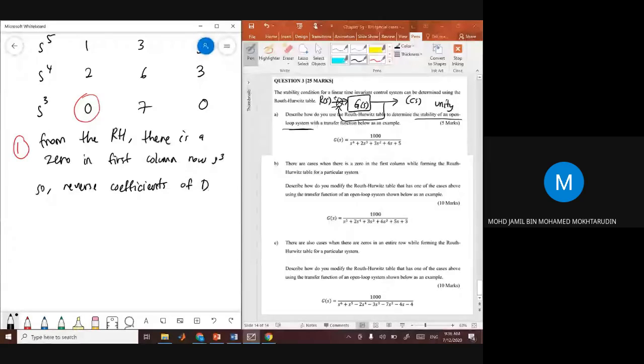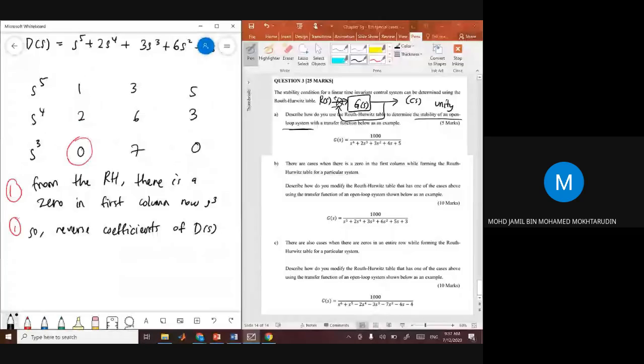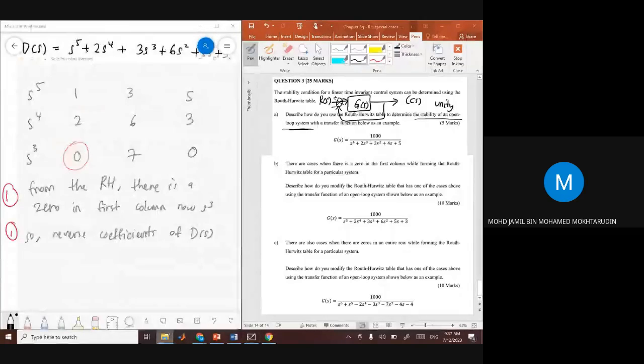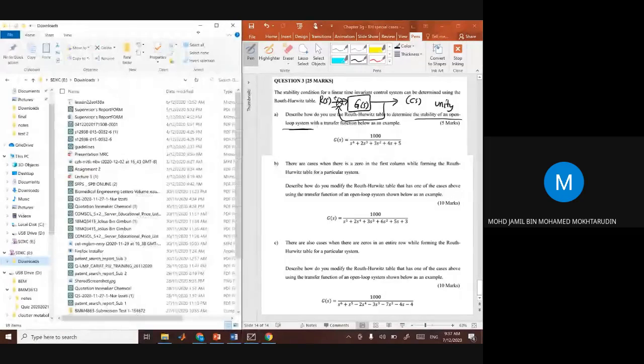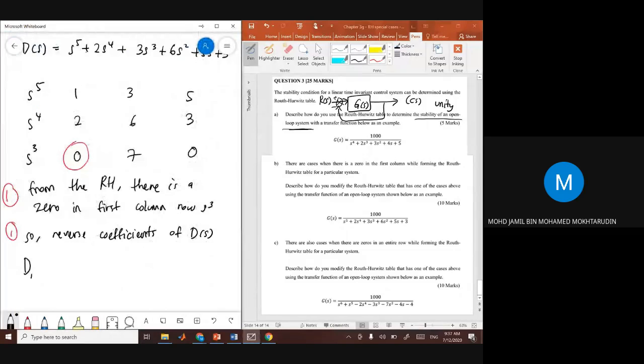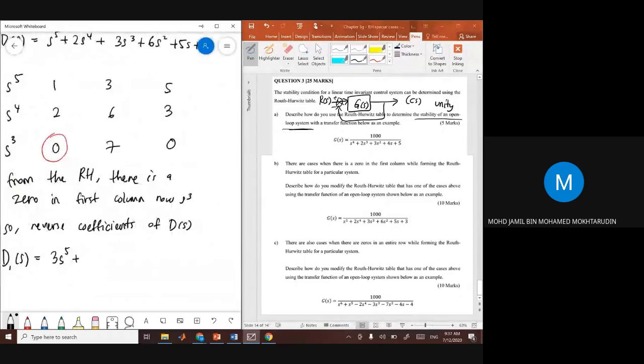And then we reverse the coefficient. So new DS. Okay, satu markah lagi.